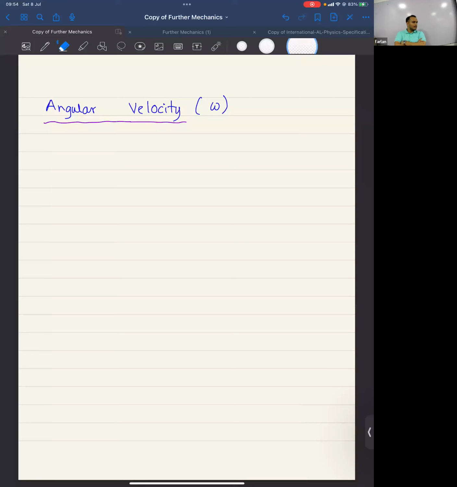Or sometimes we call it the angular speed also, denoted by omega. Guys, what is velocity? This is omega. Okay.